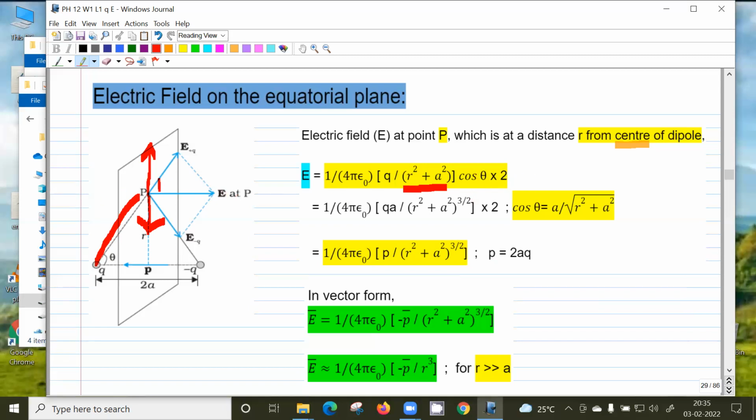And two of them. Why is this 2 there? Because this component is also there: one component is because of plus q, the other component is because of minus q. And see, this angle is theta with plus q. What about this angle?